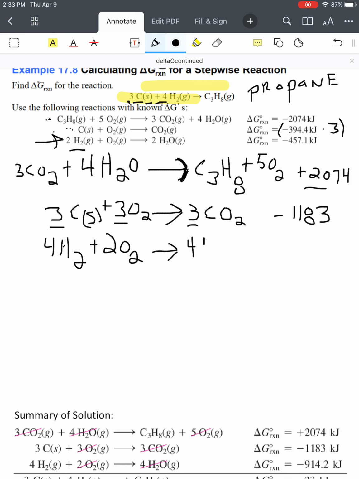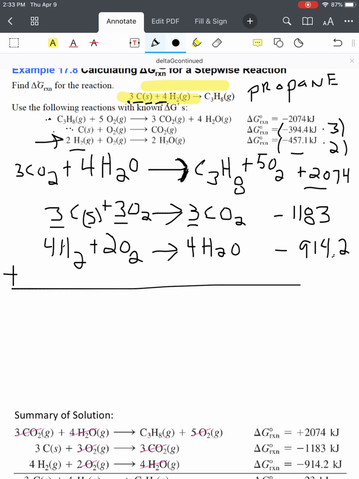And that's going to yield 4H2O gas. Now I didn't flip that reaction, but I did multiply it by 2, didn't I? So I need to multiply my delta G0 by that same value. And when I do so, I get negative 914.2 kilojoules.